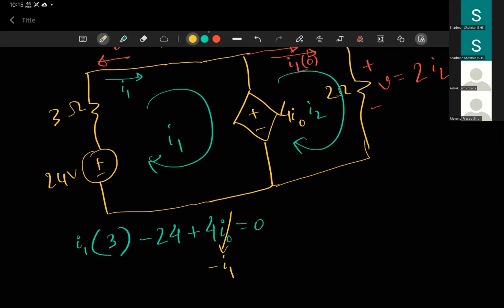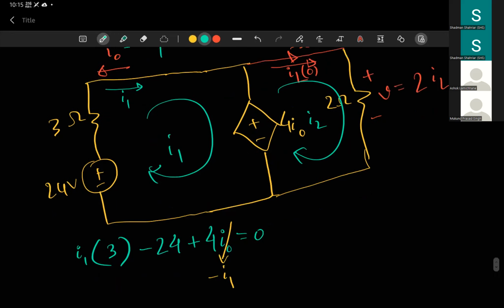And for the other equation, of course, we write the mesh equation for mesh 2, I2 times 2 minus 4 times minus I1. So from here we can solve the value of I1 and I2. The value of I2 is basically minus 2 I1.